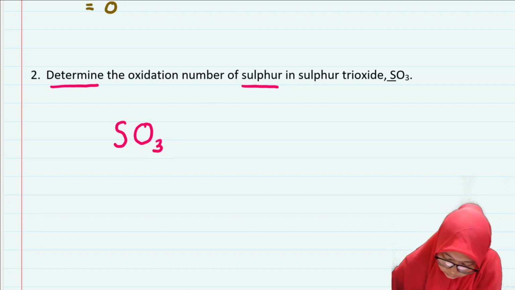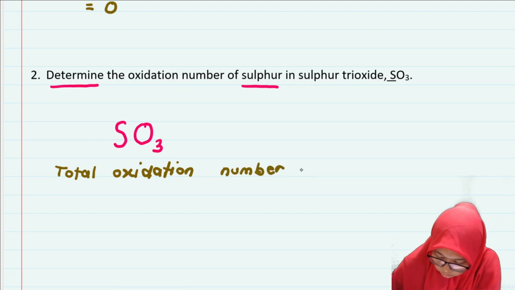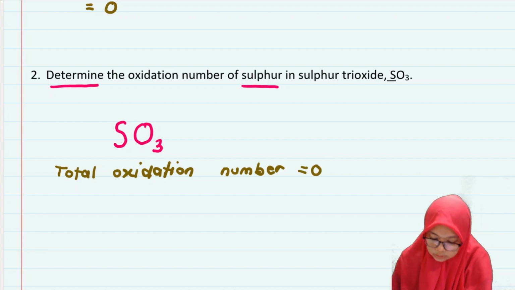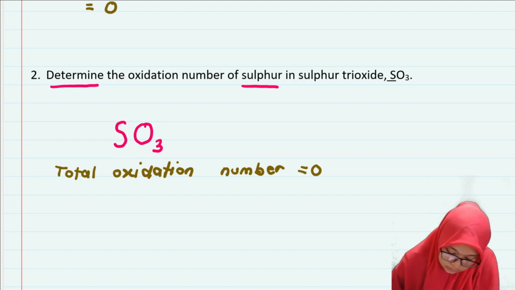So we say that the total oxidation number for sulfur trioxide is equal to 0 based on the rule just now. Okay, now when you have the total oxidation number equal to 0, we will take the S here as an X value. So we put down the S as X, unknown value.